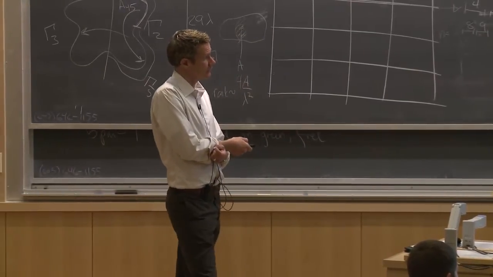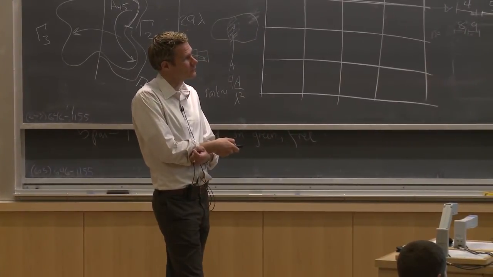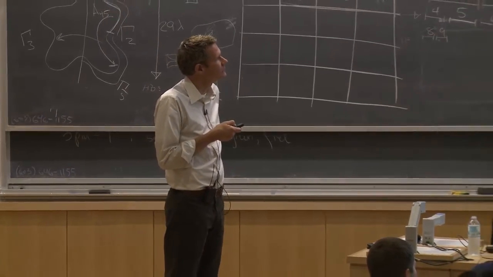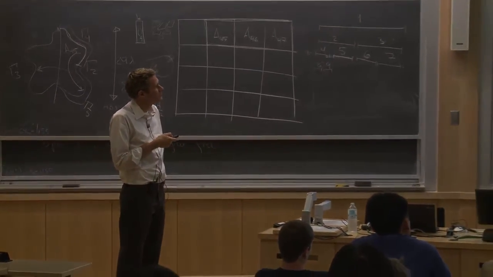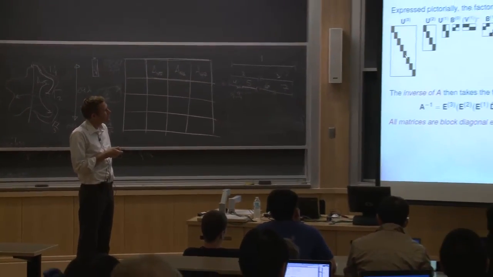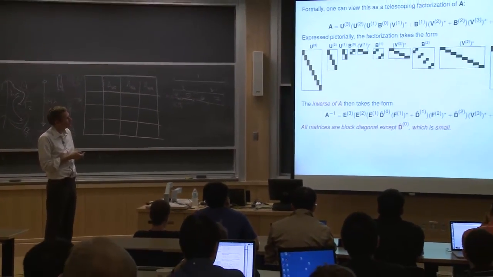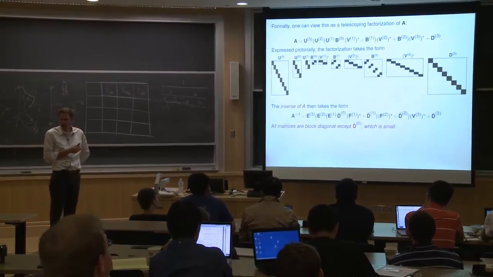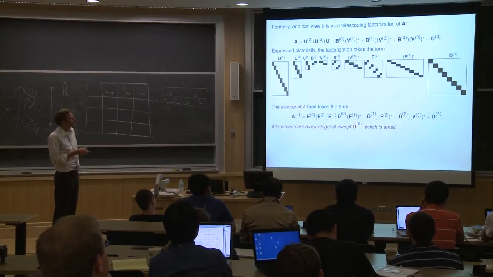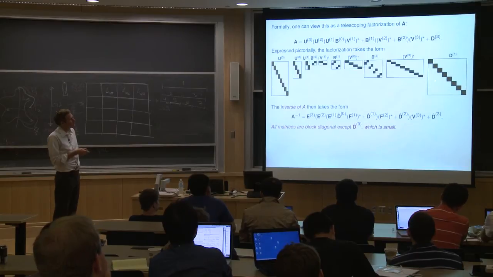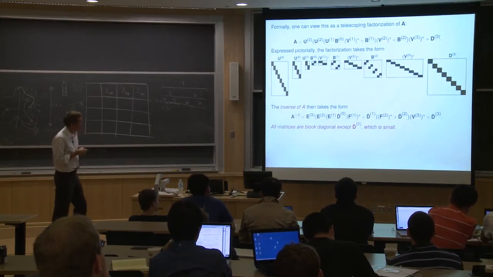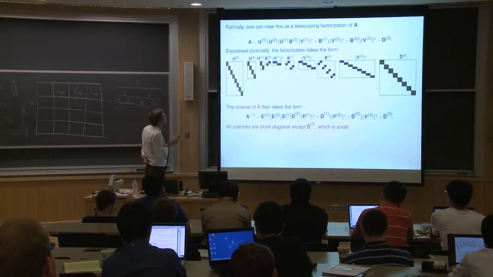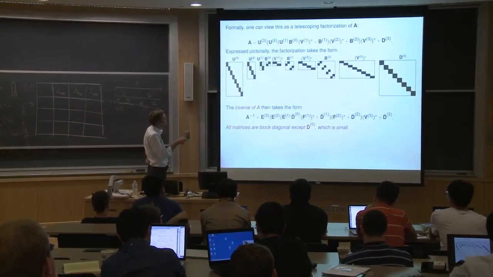If you prefer to look at this from the point of view of matrix factorizations, you can look at it like this. So the original matrix A, if you look at the block separable factorization, then recall, so now we're looking at an 8 by 8 block matrix. So we pull out the diagonal blocks, that's over here, and then we have the U matrices and the V matrices.